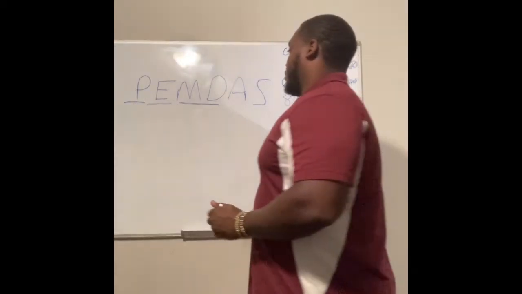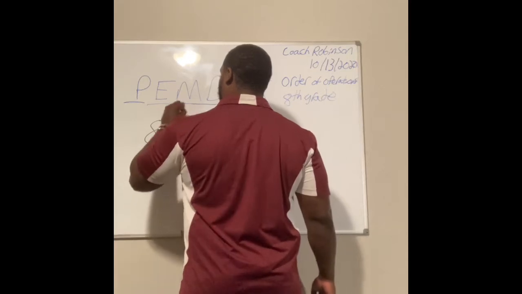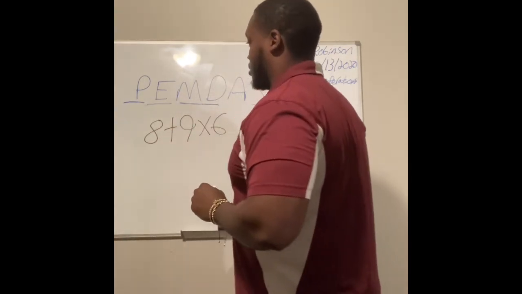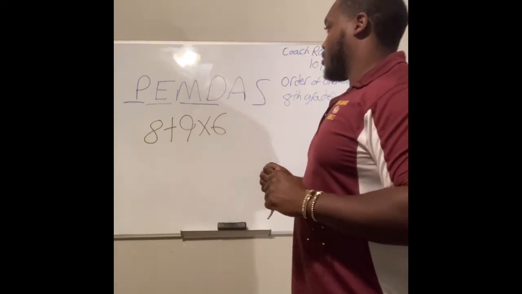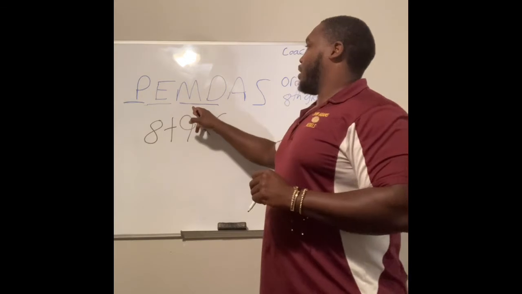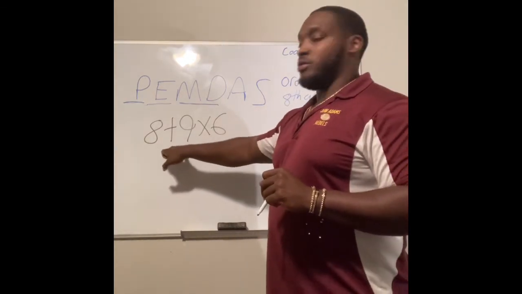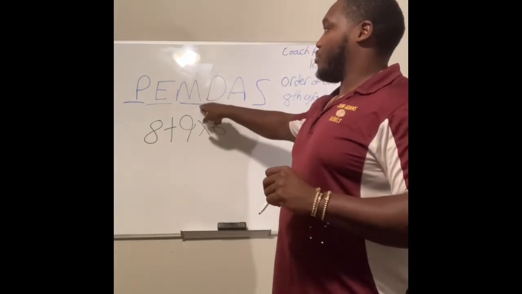Let's do this problem. We have 8 plus 9 times 6. So now, according to the order of operation, we are supposed to multiply before we add, right? Now, even though the addition is first, okay, the multiplication is still the heavier priority.